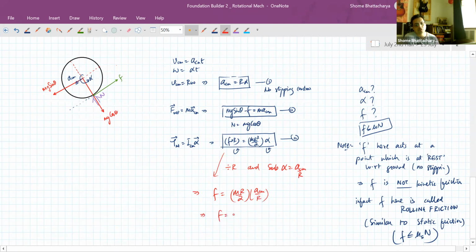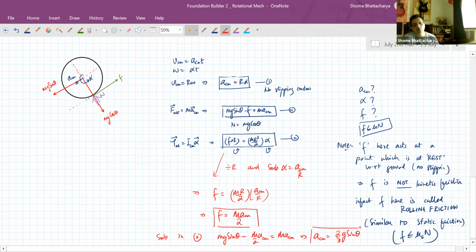So here the friction, just like yesterday's problem, becomes m a_cm by 2. Now substitute this in equation 2. So we have mg sin theta minus friction, which is half of m a_cm, equal to m a_cm on the other side. From that we will get the acceleration of the center of mass. When you calculate it, it will come out to be 2 by 3 g sin theta. Just verify my answer, all of you. And therefore alpha will be just this divided by r.